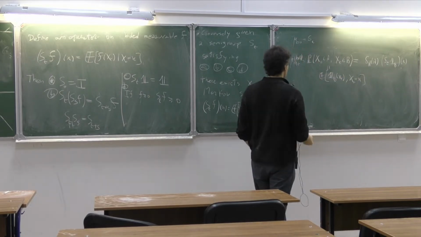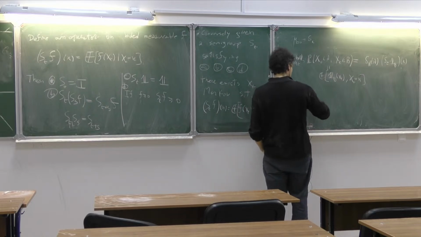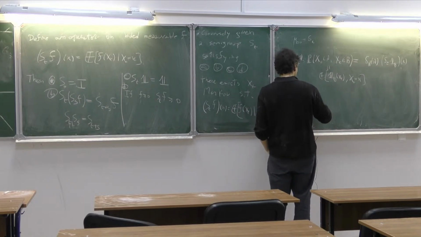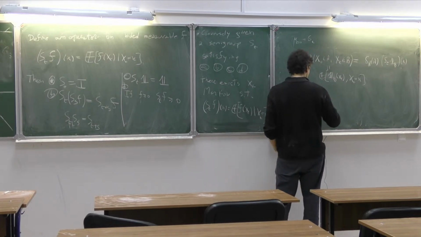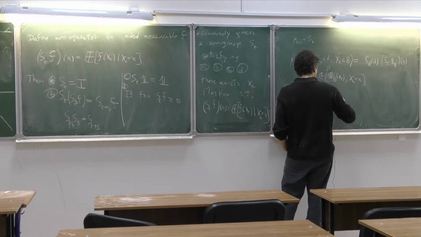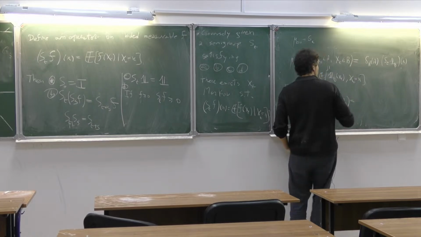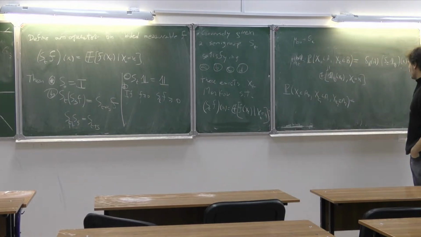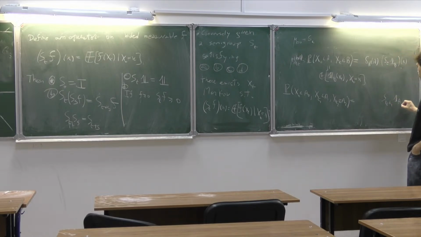Then I do three things. I have to do the probability that x0 is in A0, xt1 is in A1, xt2 is in A2. And then I do the following: I apply S_(t2 minus t1) to the indicator function of A2.